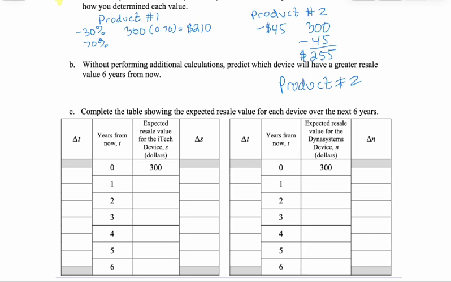Okay, so we found this was 210. And if you have a calculator, if you did 210 times 0.70, then it's 147. And if we keep doing this, it's 102.90. And then it's 72.03.